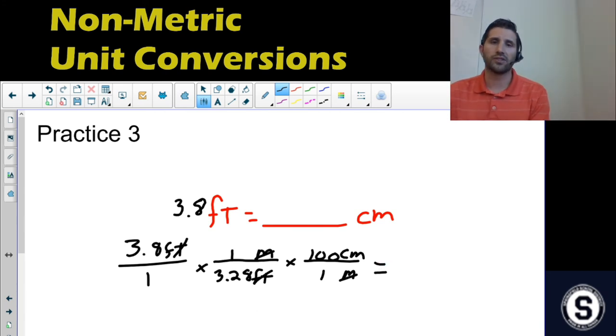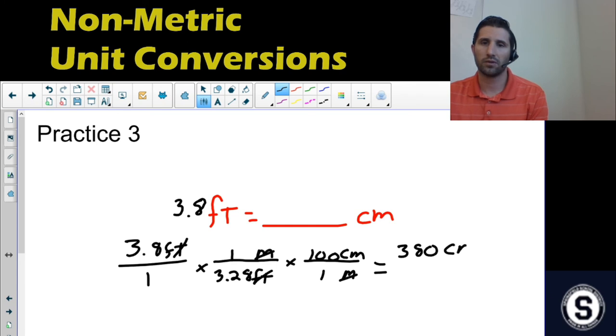Okay. All right, so in this example, I have 3.8 times 100. So that's going to be 380 centimeters. And on the bottom, I have 1 times 3.28 times 1.